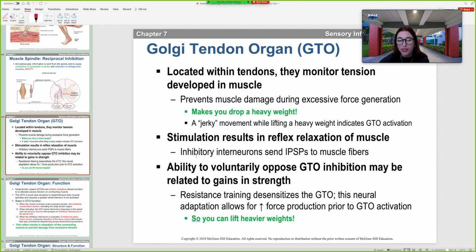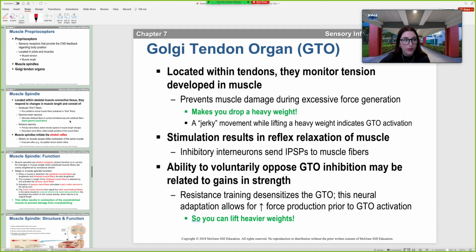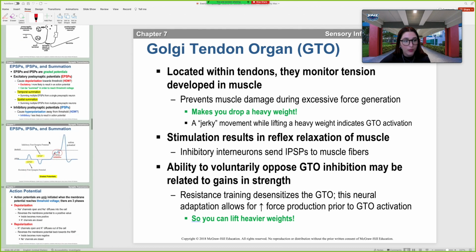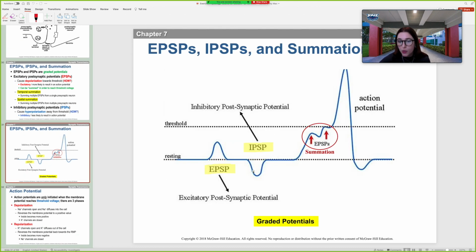Okay, so what we see is inhibitory interneurons send IPSPs, inhibitory postsynaptic potentials, to muscle fibers. This is just a fancy way of saying inhibiting muscle fibers, right? Because what's an IPSP? An inhibitory postsynaptic potential is pushing the cell farther away from threshold.